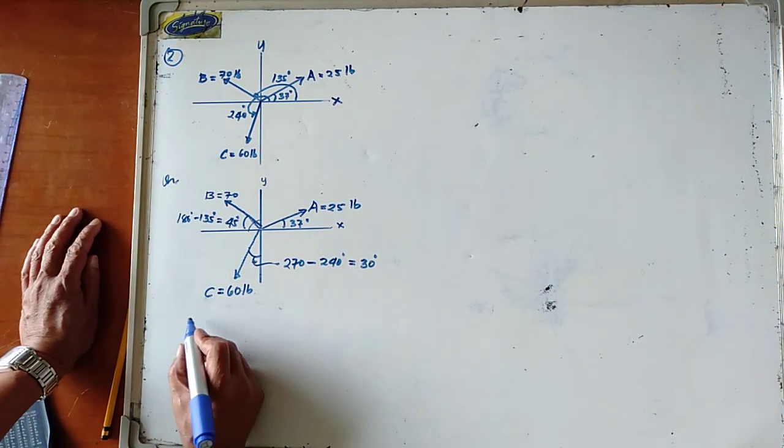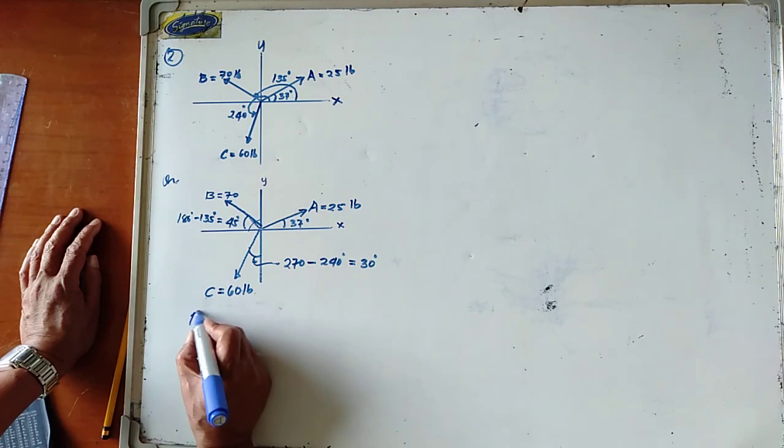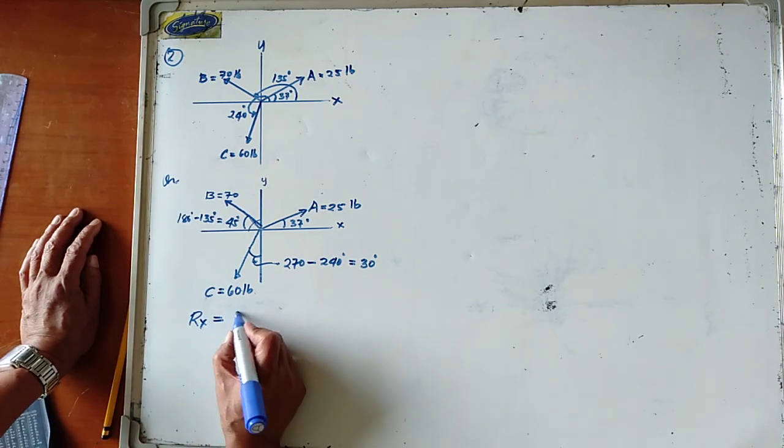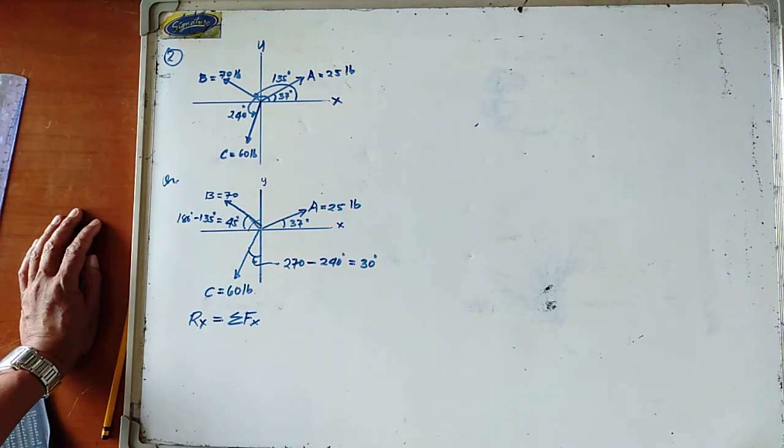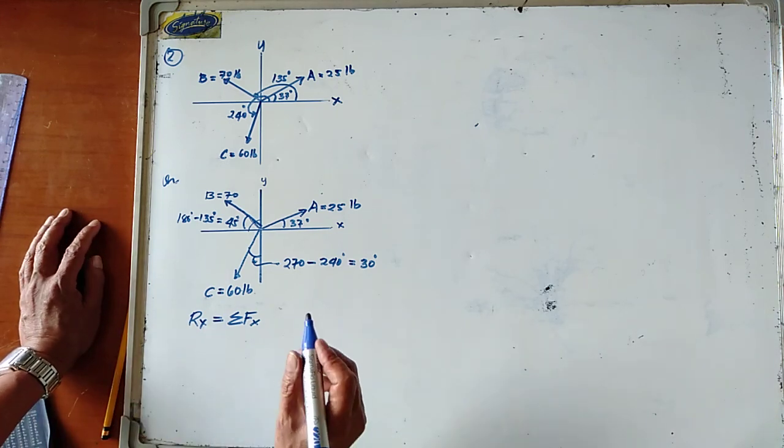Now, Rx is equal to the summation of forces along the x-axis. Again, to the right forces are positive and to the left forces are negative.